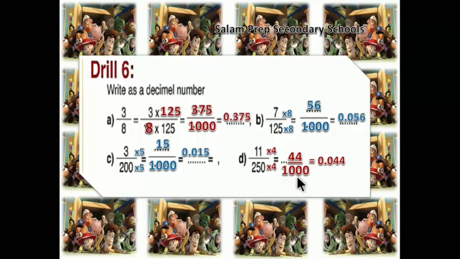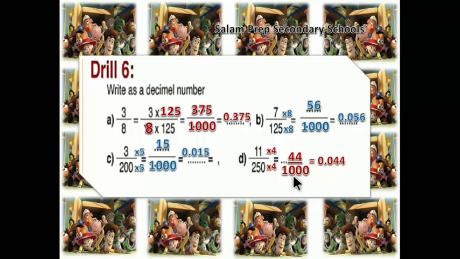This is a proper fraction, okay? So we can write the decimal point first and then write the whole number. There is no whole number here. We will put 0, okay? Now we will write the decimal part. Please take care.